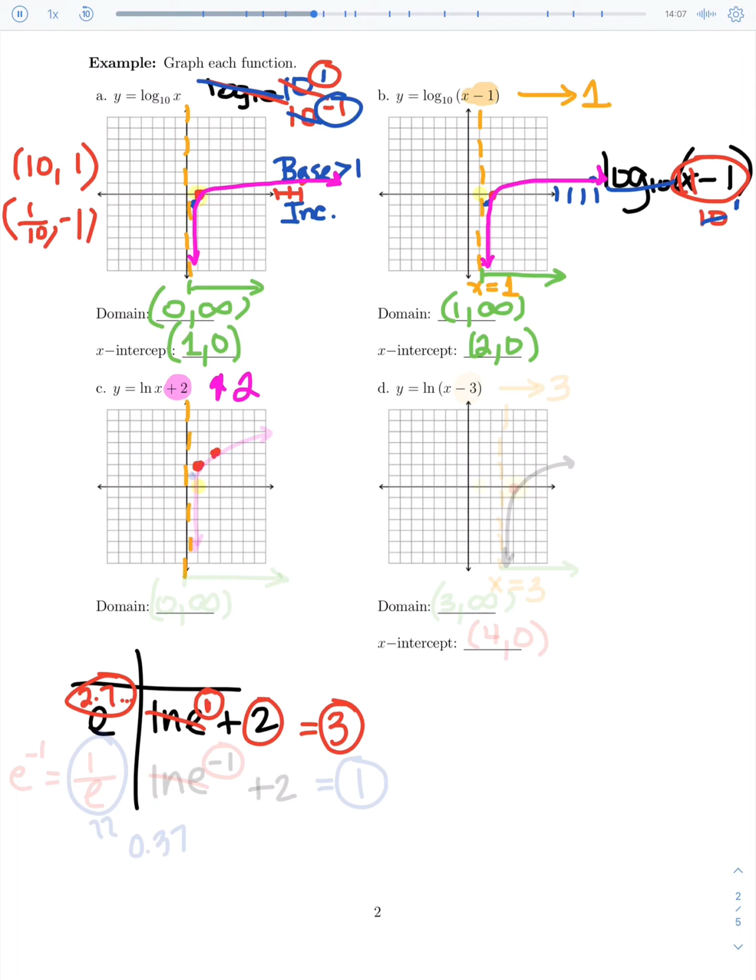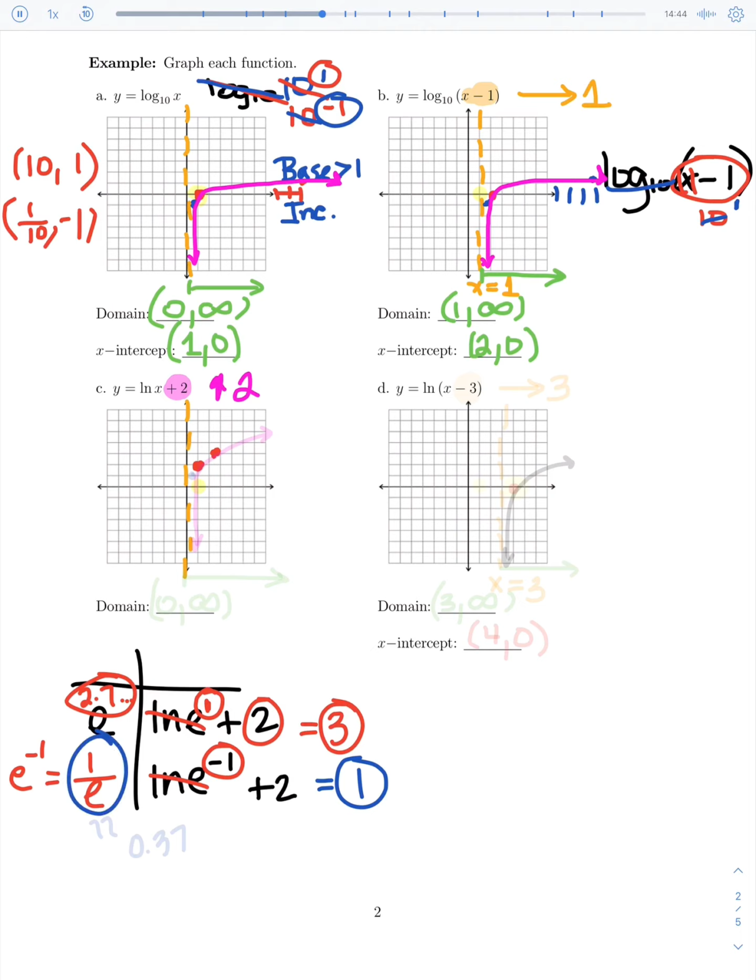What's another thing that we can plug in is 1 over e, or e to the negative 1. And the reason why that one will also help is because if I do ln of e to the negative 1, the ln and the e will cancel out, leaving you with the negative 1. You still have that plus 2 after, so negative 1 plus 2 is going to give us a positive 1.